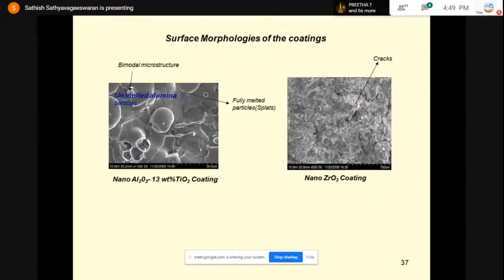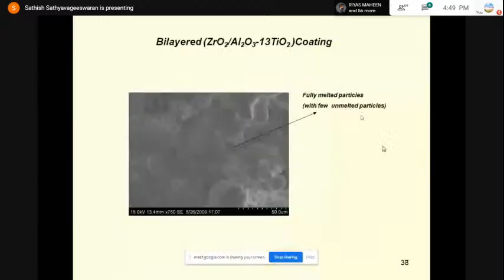The reason for the formation of these fully melted and unmelted particles is, whatever powder particles pass exactly through the axis of the plasma flame get completely melted, and once they impinge over the surface of your base material, they undergo solidification and flatten, and thereby you get fully melted splats.